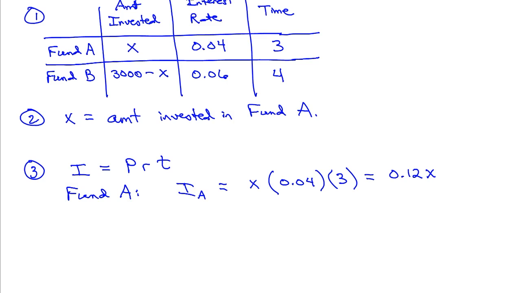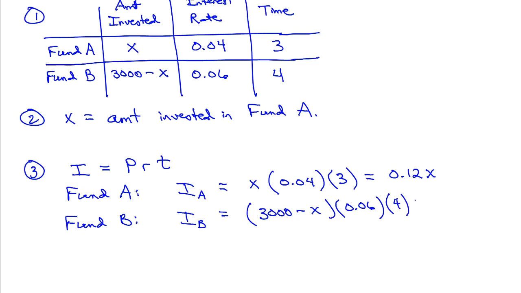I'll do the same for Fund B. The principal is 3,000 minus x. The interest rate is 0.06, and the time is 4 years. If we multiply these together, you end up with 720 minus 0.24x.